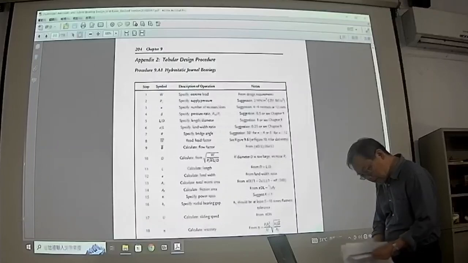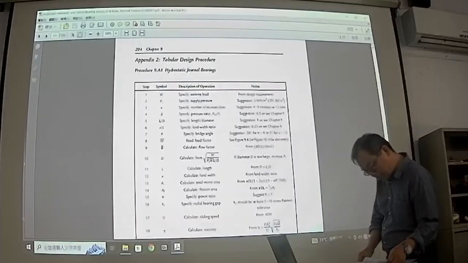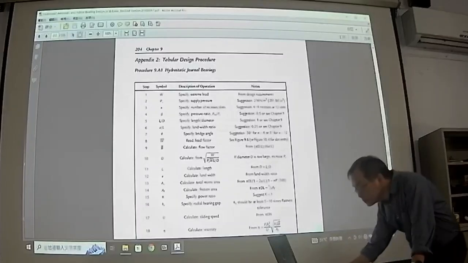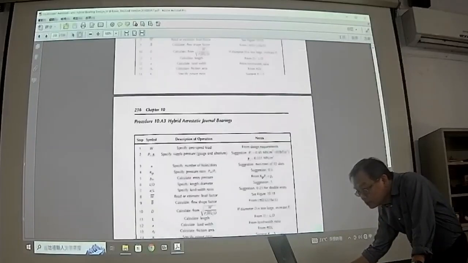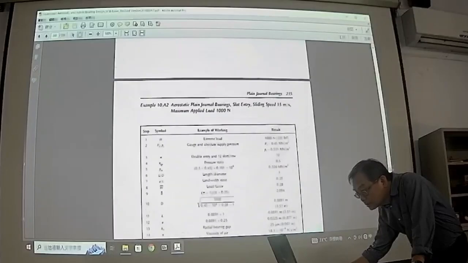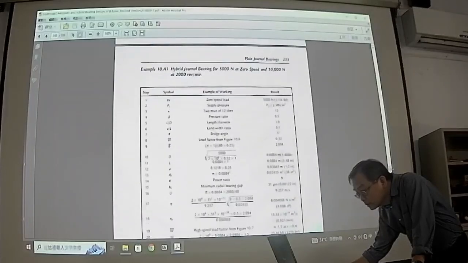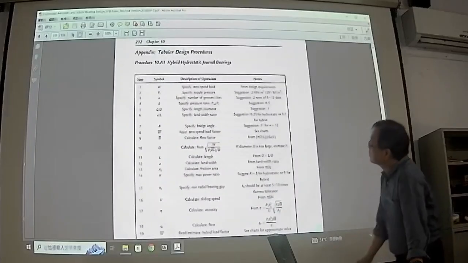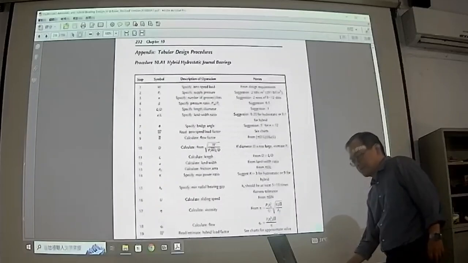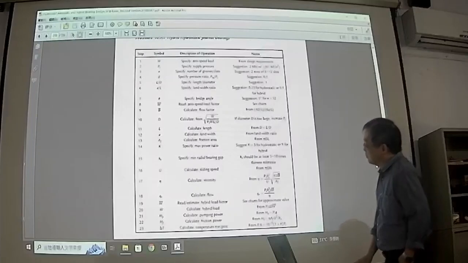This is for the low speed bearing. And for the high speed bearing, it's chapter 10, page 232, I think. This is for the high speed journal bearing. The following steps.